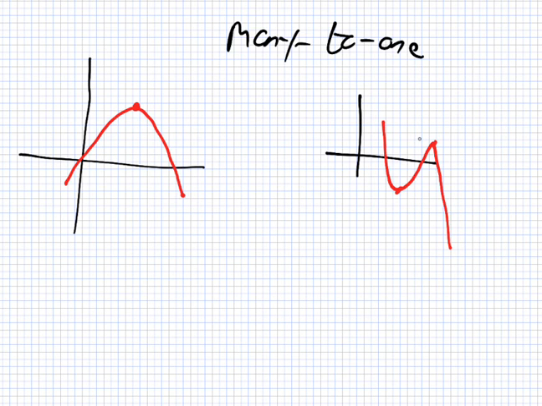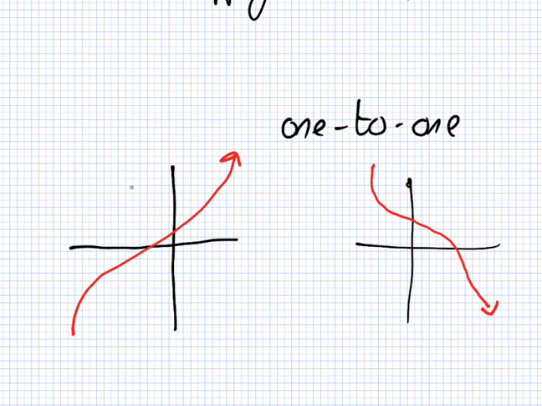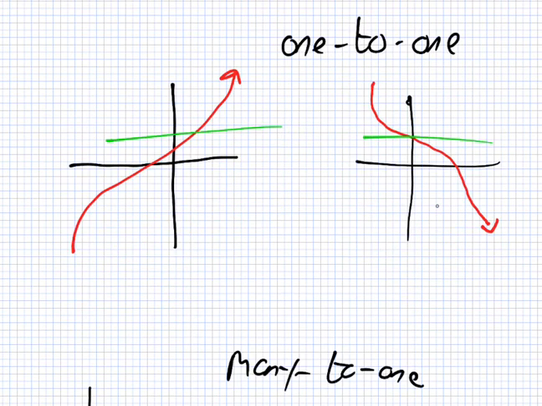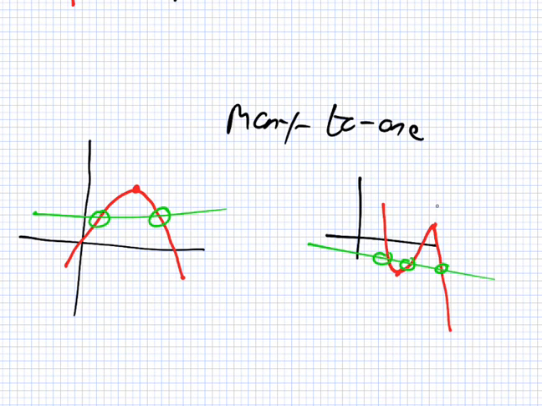And another way to tell if it is many-to-one is as follows. Can I draw a horizontal line that cuts the graph twice? Yes. Or at least twice. So here I could actually cut the graph 3 times. So this makes it many-to-one. Whereas in my last example, if I draw a horizontal line, how many times do I cut the graph? Just once. Whereas here I can do it more than once. This makes it many-to-one.